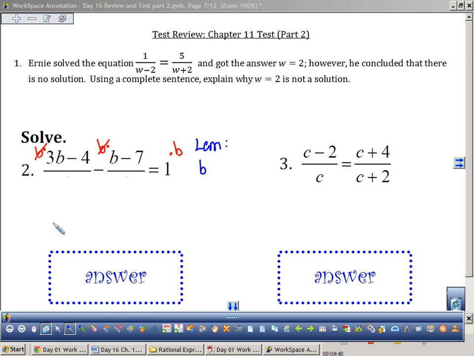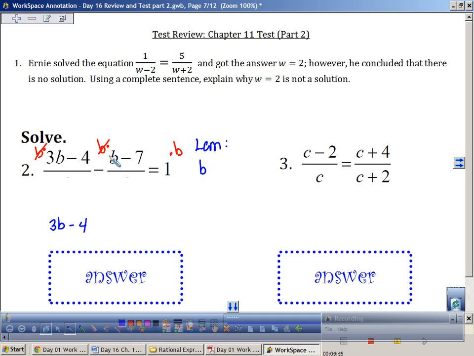So what's left over? 3B minus 4. What else? Minus everything up here, right? Would it be fair if I were only to say negative b and not just negative 7? That's not fair. Isn't it saying negative everybody? Well, let's make sure we give a negative to everybody then.